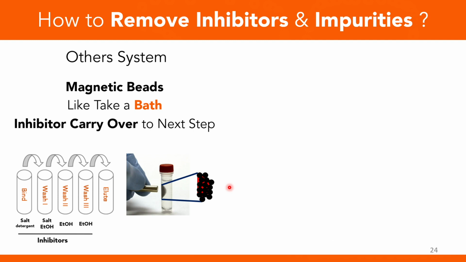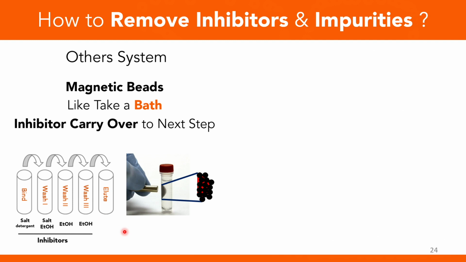And you know, beads are always in a circular shape, so between beads there is some remaining buffer. So the remaining buffer from, for example, the binding buffer, with very high salt and detergent, will carry over to the wash buffer, then to another wash buffer, and then finally to the eluate.